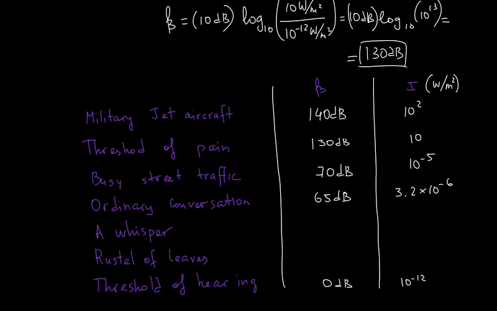A whisper is 20 decibels, which is 10 to the negative 10. The rustle of the leaves is 10 decibels, which is 10 to the negative 11 watts per meter squared.